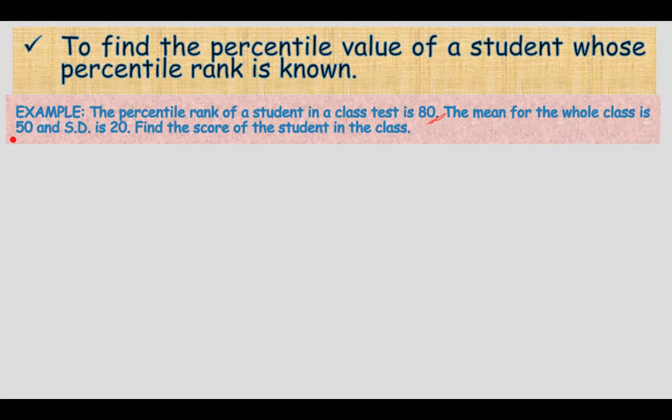The mean of that class is 50 and the standard deviation of that class is 20. We have to find out the raw score of the student, the score which the student has secured in the class. Let us check it from the graph first.